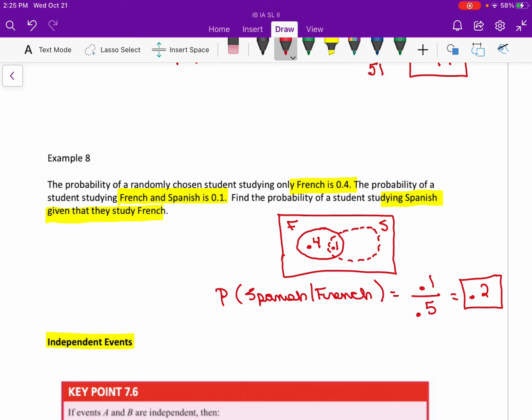All right, the last thing we have are independent events. Two events are independent if one doesn't affect the other.